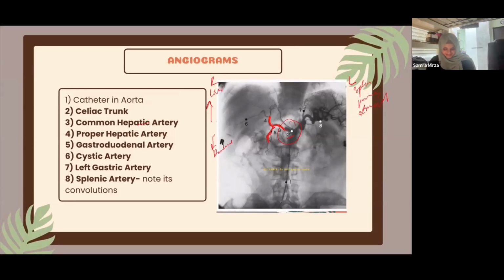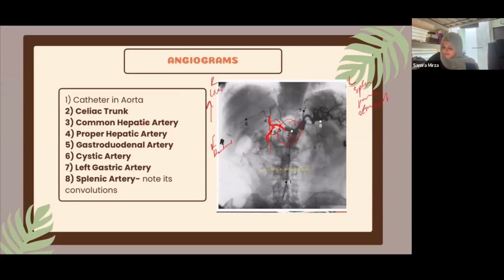Yeah, lovely. And as you can see, it's right here as well. So it's coming from the common hepatic, and the gastroduodenal goes down and it's supplying the duodenum.